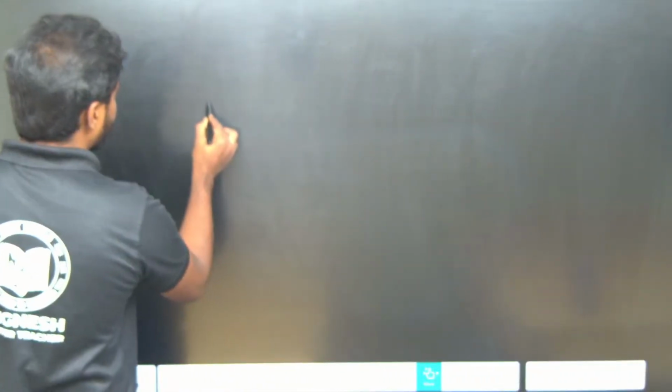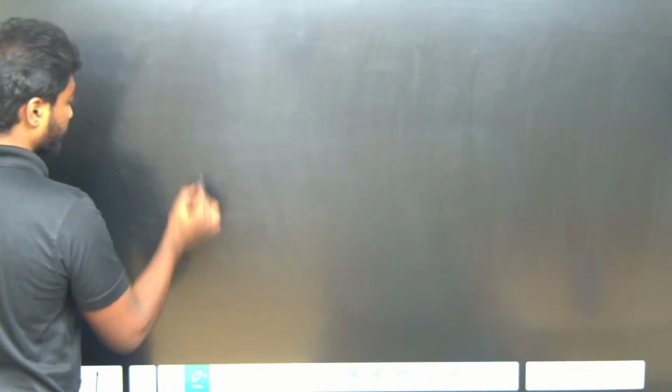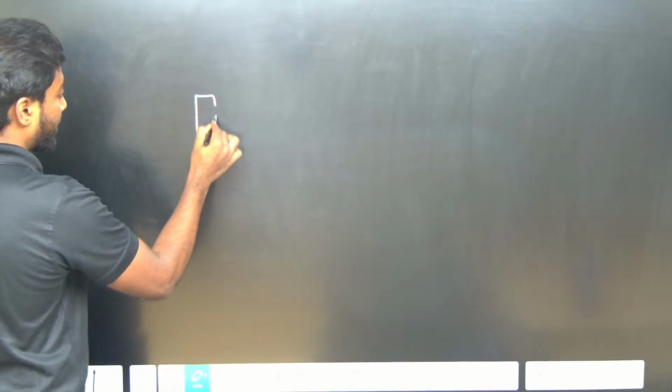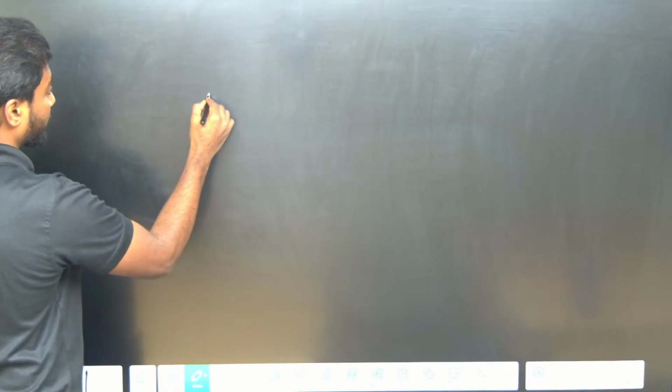Listen, a 5 kg block has a rope of mass 2 kg attached to its underside, and a 3 kg block is suspended from the other end of the rope. So there is a rope, let me write this.